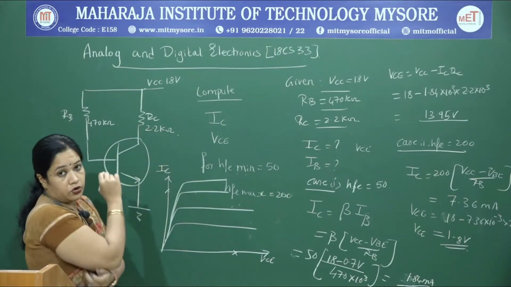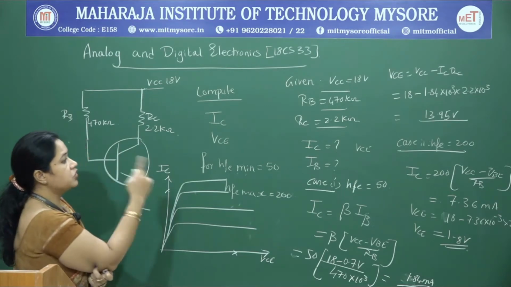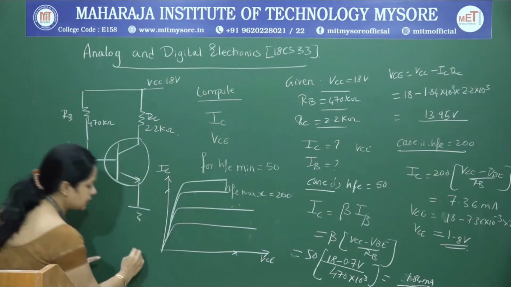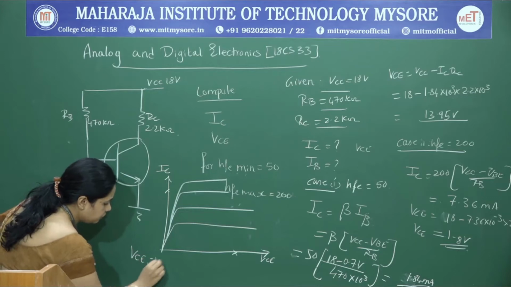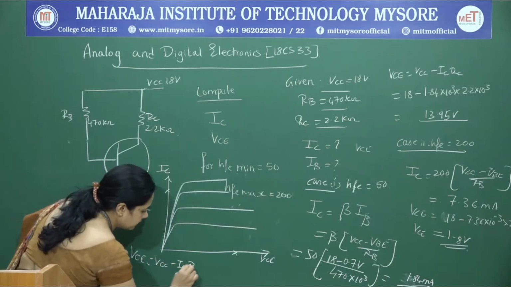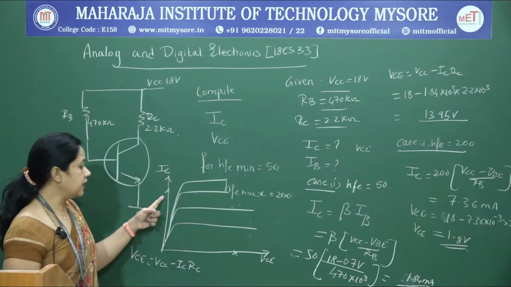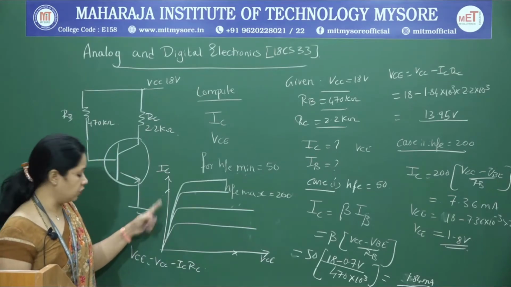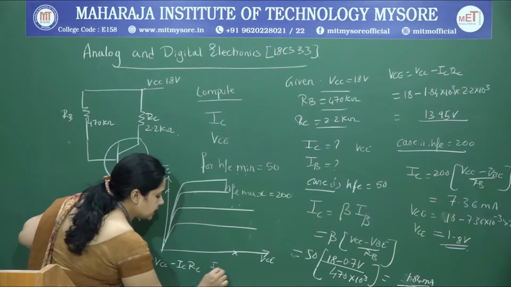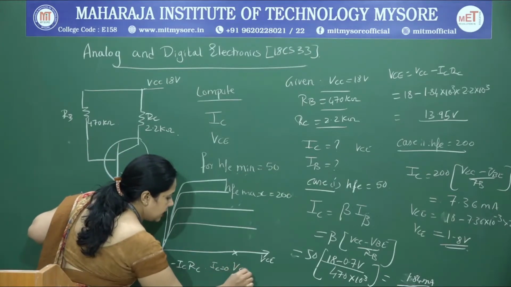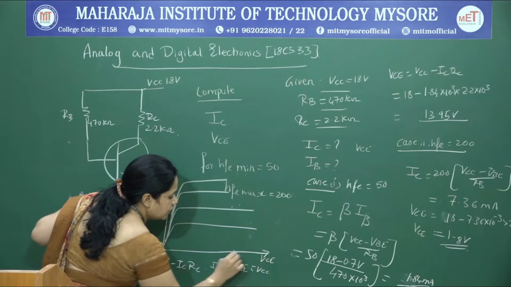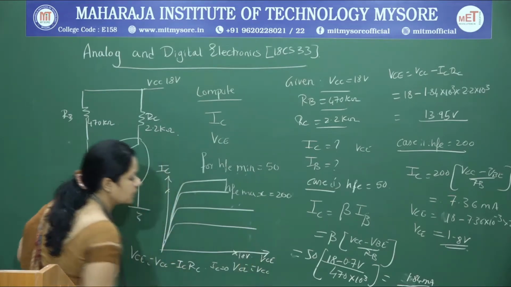Now I need to locate a point on the x axis and a point on the y axis, and the expression which relates your output and input is VCE equals VCC minus ICRC. If I want to locate a point on the x axis, I substitute IC equal to 0. So when IC is 0, VCE is VCC, which is 18 volts.